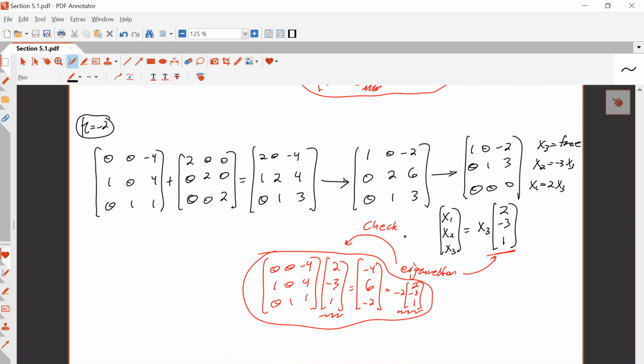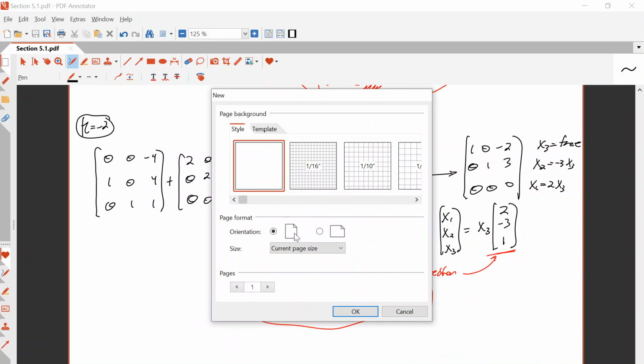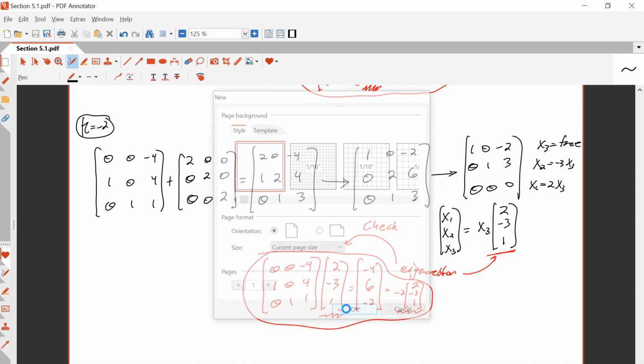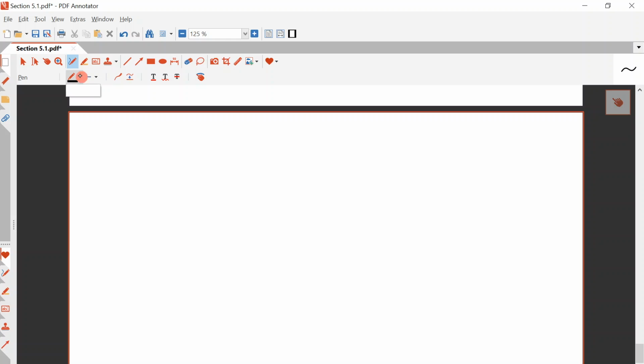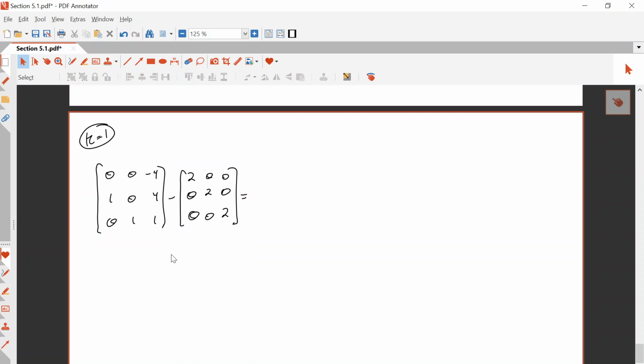Okay, and then one more eigenvalue is 1. Alright, so we're going to do the matrix A minus 1 times I, which is just I itself, is equal to minus 1, 0, minus 4, 1, minus 1, 4, 0, 1, 0.